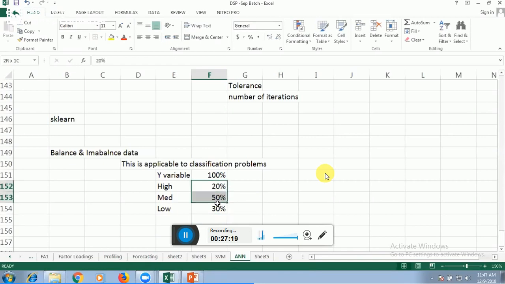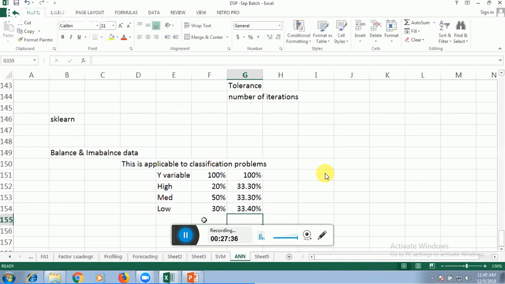What does that mean? All these are not in the same scale, the same proportion of observations. If I have 100%, suppose this is 33.3%, this is 33.3%, and this is 33.4%.